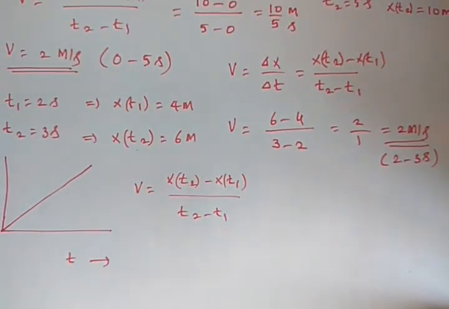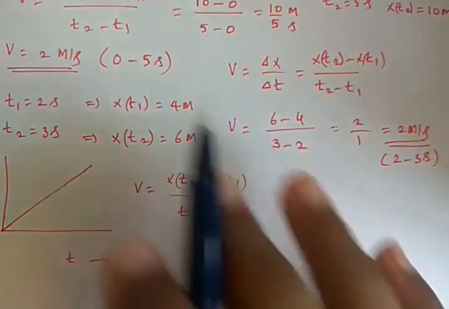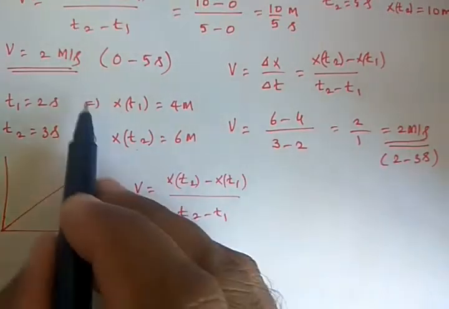Now once you get velocity at different times, you can draw the velocity time graph. Let us see what that is. For the above problem, I said velocity is constant everywhere.